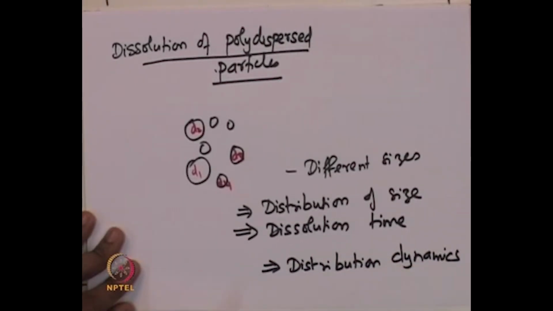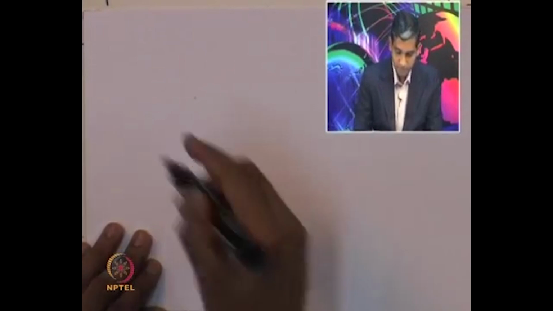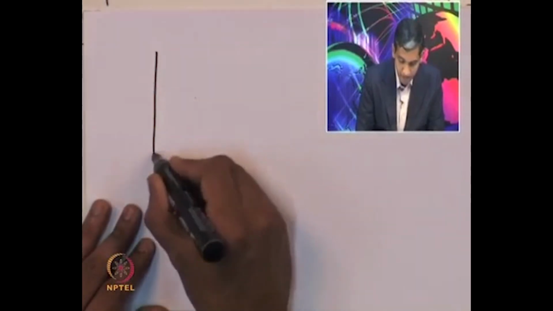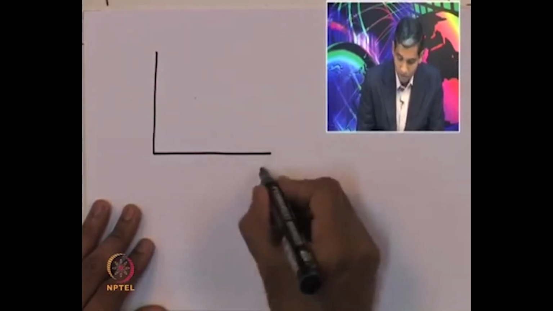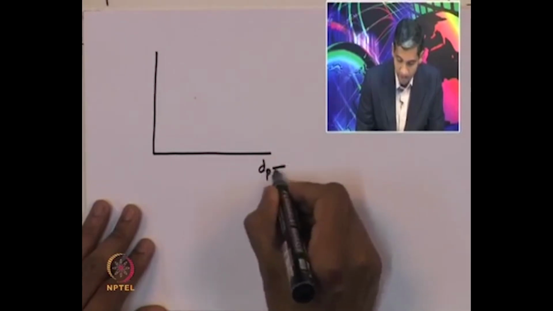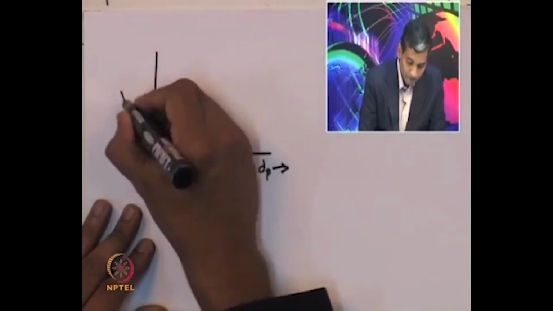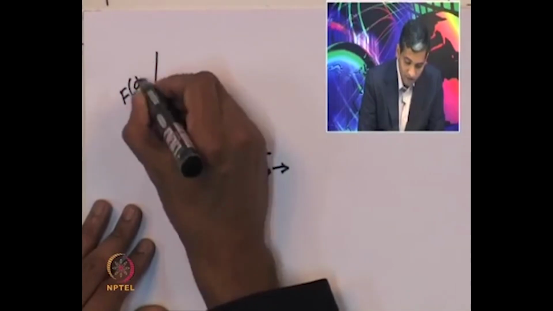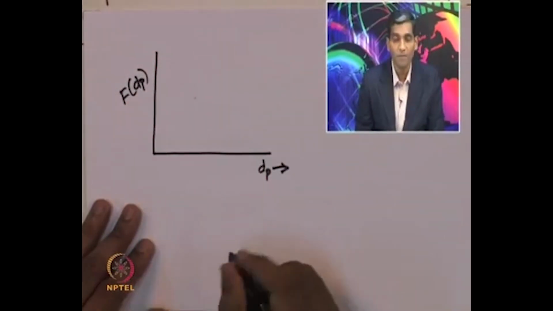So, the distribution dynamics have to be followed. So, let us look at what a distribution is. Suppose I look at the plane of number of particles versus the fraction of the number of particles that are of a particular size.